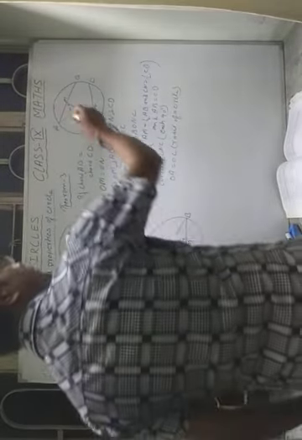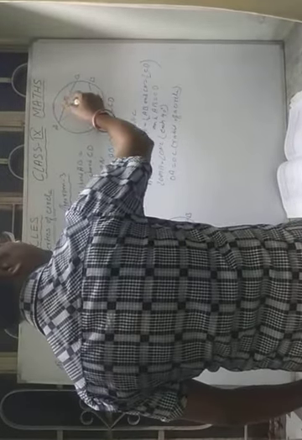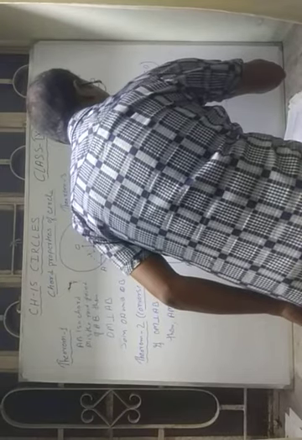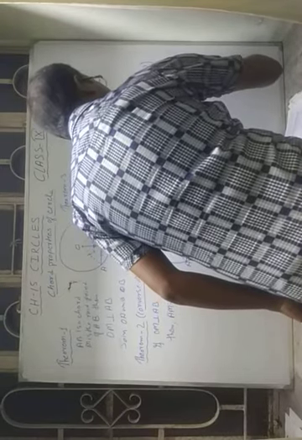Therefore, by right angle, hypotenuse and side, triangle OMA is congruent to triangle ONC by RHS axiom.